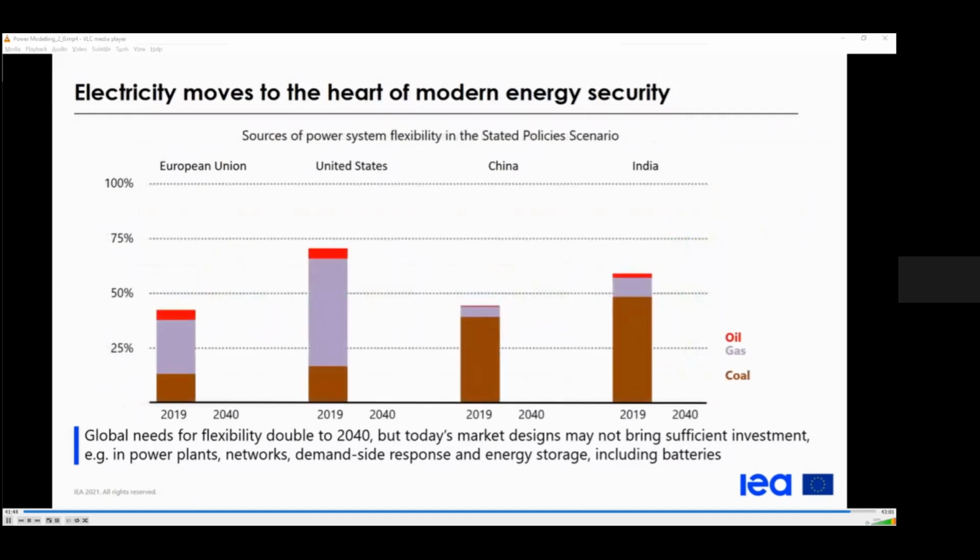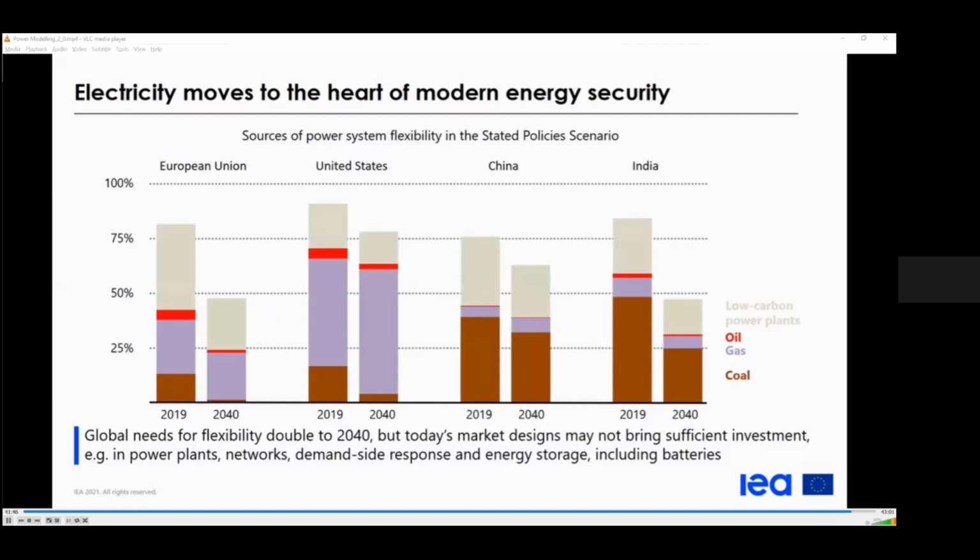The good news is we have those flexibility sources that I talked about earlier: power plants, electricity networks, storage technology, and demand side response measures. Coal and gas-fired power plants are today the main source of flexibility, and they remain so in the future. There is also some contribution from low carbon sources like hydro and nuclear power. But looking ahead, many power systems will need to rely on other means.